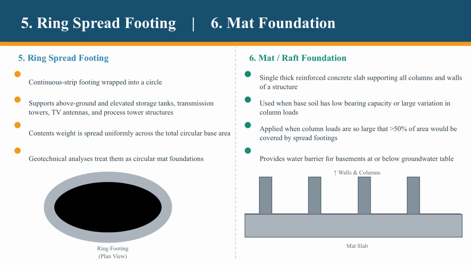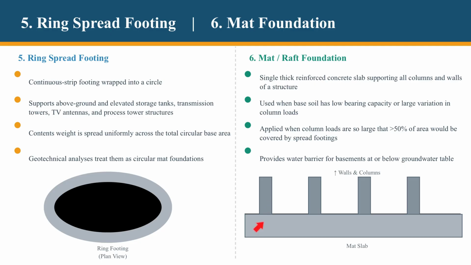The load of the structure is spread uniformly in the circular area, and it is somewhat similar to the mat or raft foundation itself. Now let us talk about the mat or raft foundation, in which you can see here that multiple columns' weight is transferred to a common combined footing. Here all the footings of the individual columns are combined because the load bearing capacity of the soil is very low or the spacing between the walls or columns is quite low.